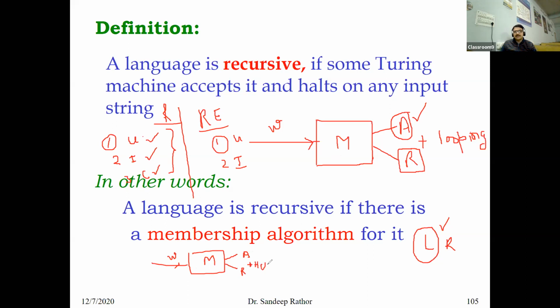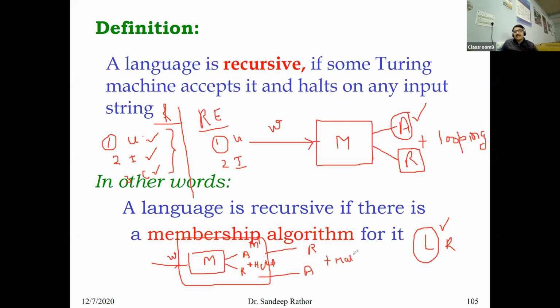This is the simple representation for recursive. Now, for complementation, this is another machine M dash, the complement of M. The accept case is converted into reject, and the reject case is converted into accept, because it is the complement. After that, your machine will halt.